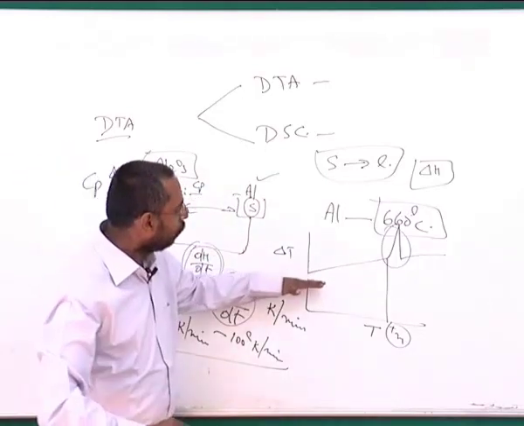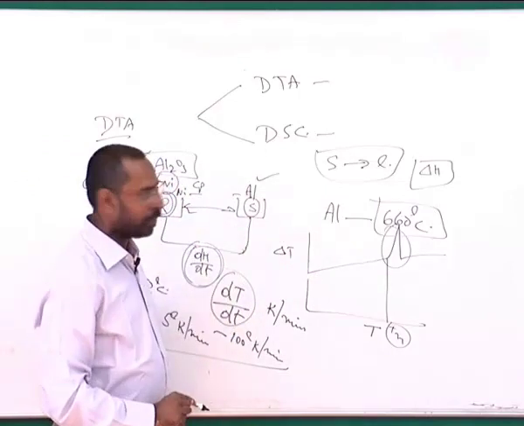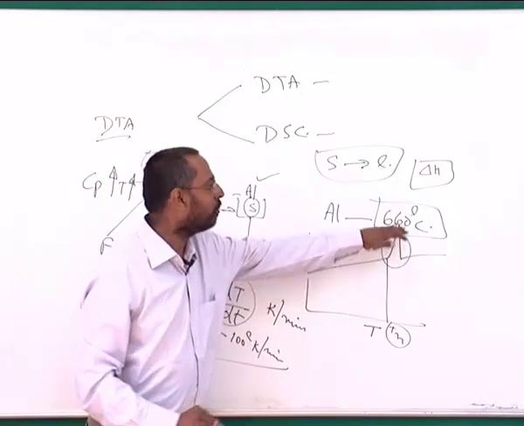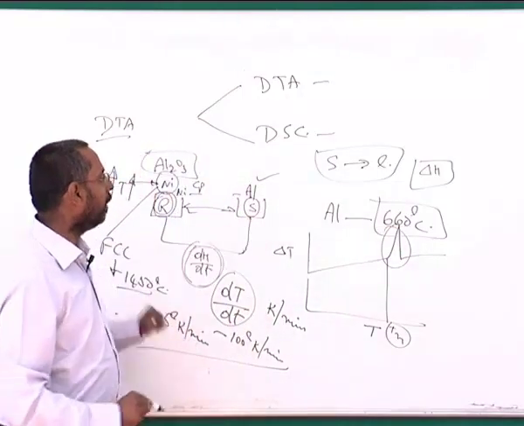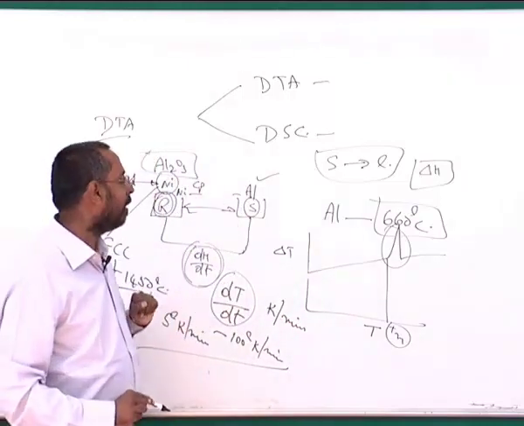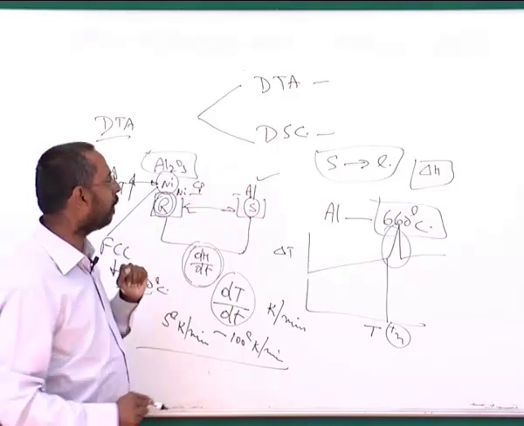If I plot the temperature difference between these two, until the transformation starts in this particular sample, it will be almost zero, or a slight increase because of some CP difference between these two.